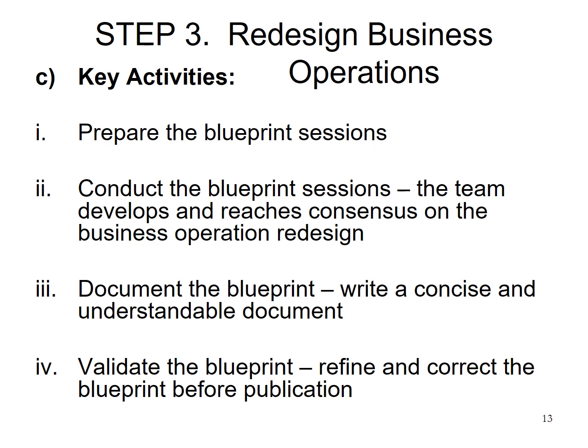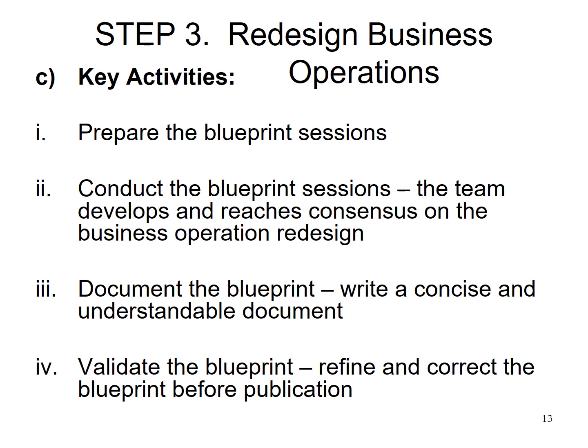The second activity is to conduct the blueprint sessions. After preparing for the blueprint session, here comes conducting the blueprint session. Under the guidance of the project facilitators, who have been trained in this project, the re-engineering project team develops and reaches consensus on the business operation redesign.